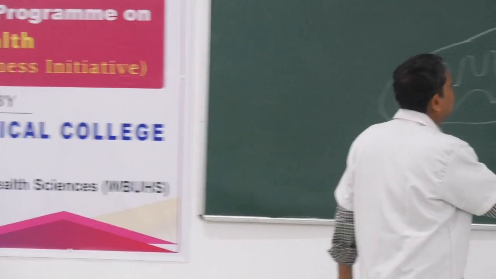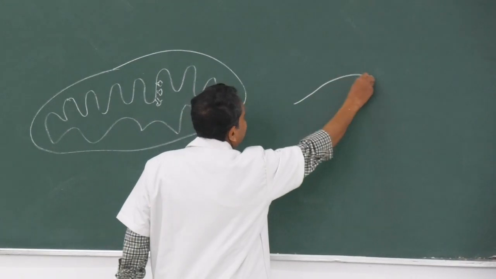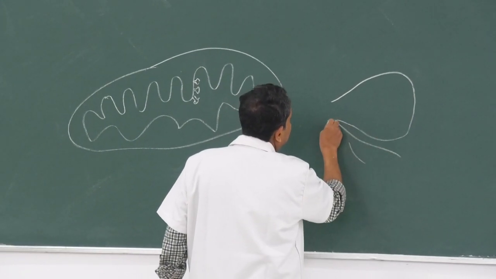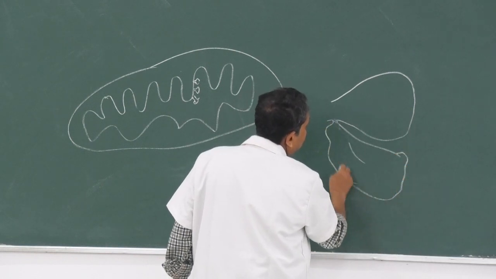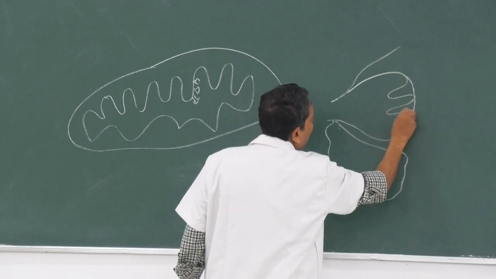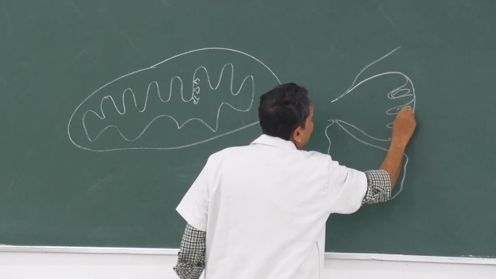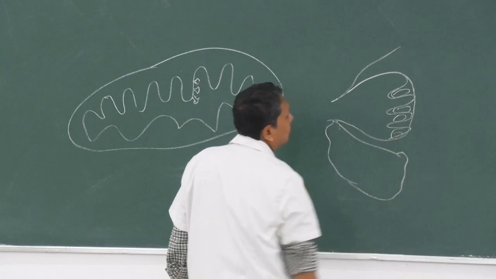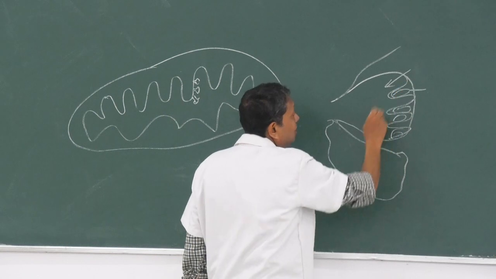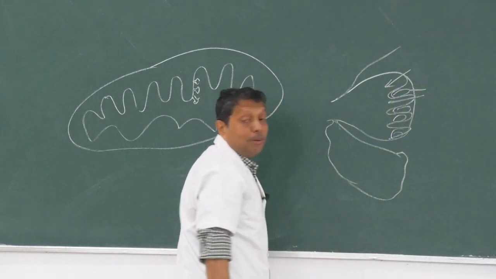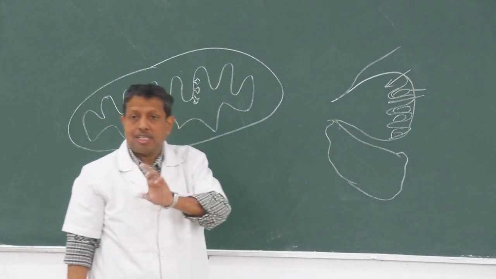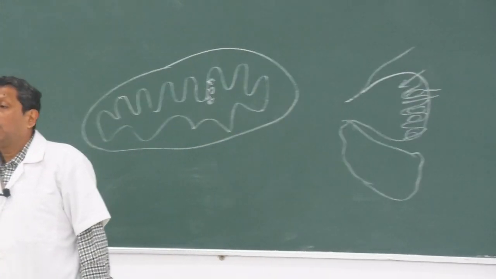In renal epithelial cells, the membranes are folded and they contain numerous mitochondria, because active transport is going to the basilar space, so there is a requirement of ATP in this position. So they are more numerous in the part of the cell where there is a requirement of energy.